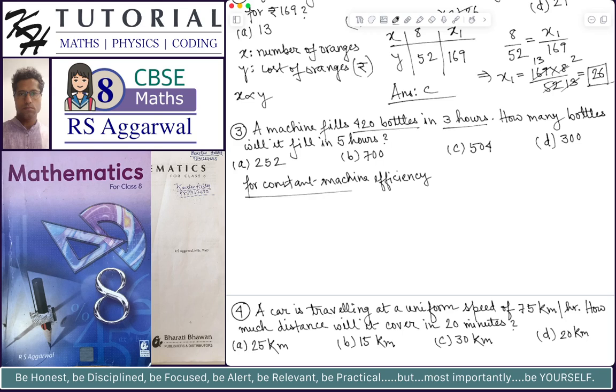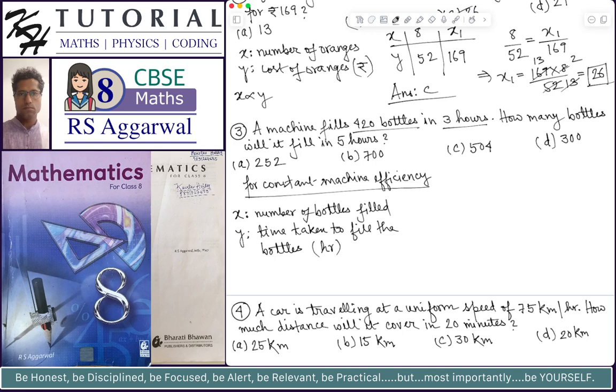So for constant machine efficiency, if you consider X as number of bottles filled, and Y as the time taken to fill the bottles. The unit of Y you can consider as hour.